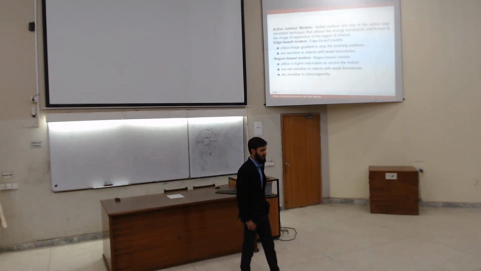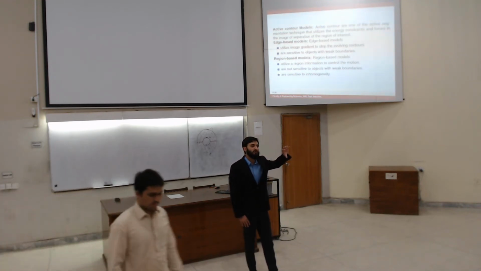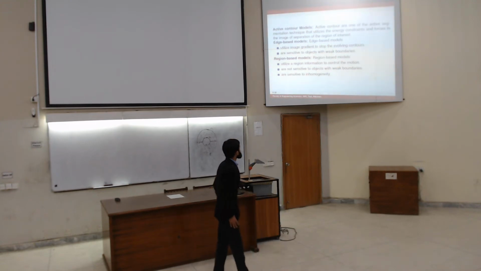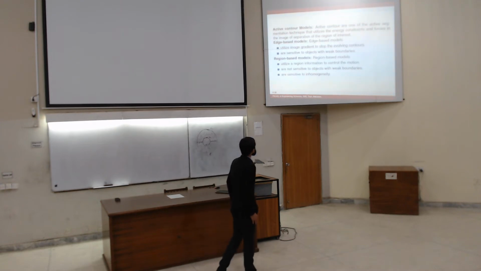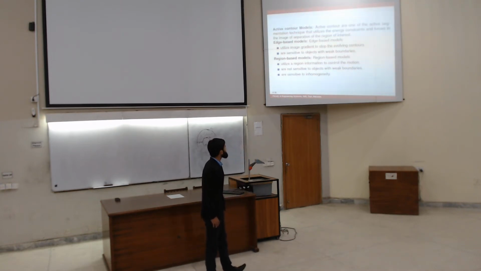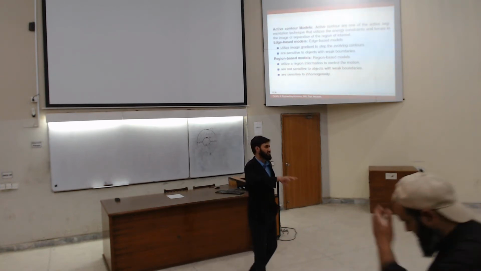If we have an image containing a tumor, and the tumor has weak boundaries, this model would not give us very good results. So the second is the region-based model. Region-based models utilize region information to control the active contour motion.